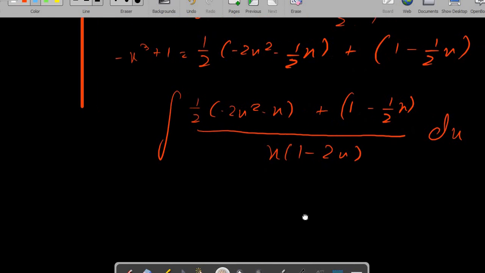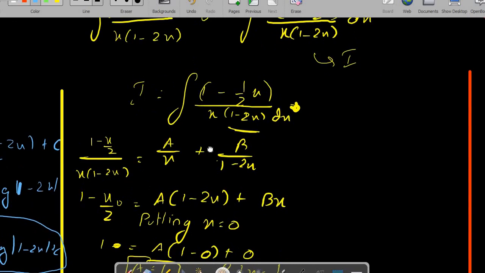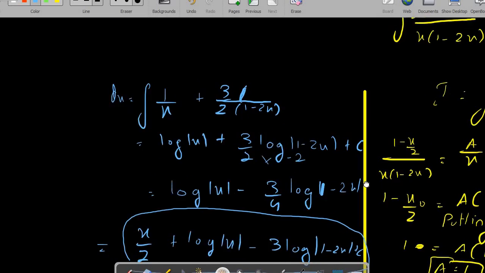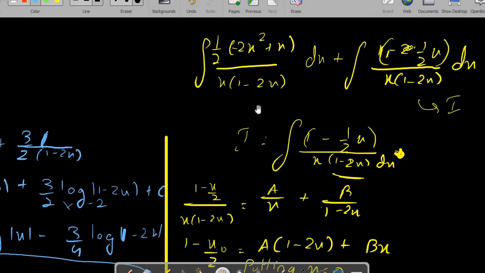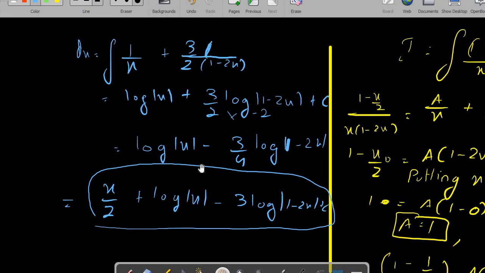After solving this, we came here, we separated the integrals to make it easier for us to integrate. So we integrated this first, and then we again found the value of a and b, and finally we substituted the values. You can see here, we put both the values here, solved it, log of x here, 3/2 log of 1 minus 2x, and this is just simple integration and we got our answer.